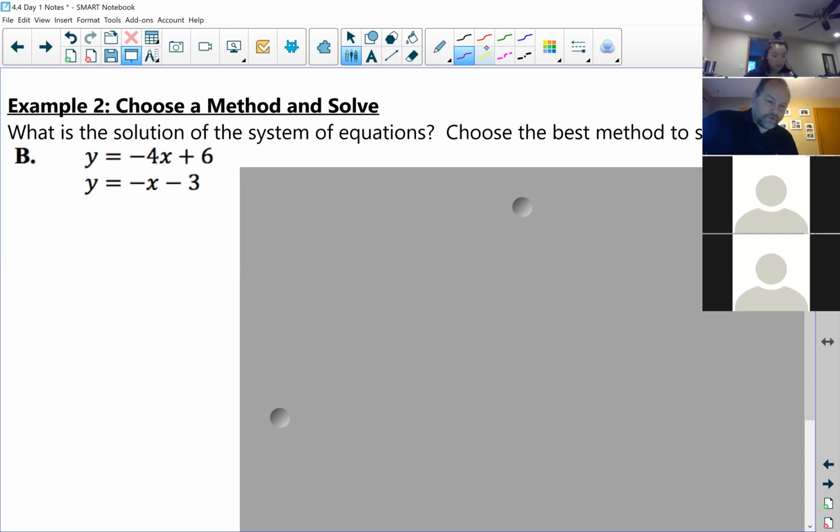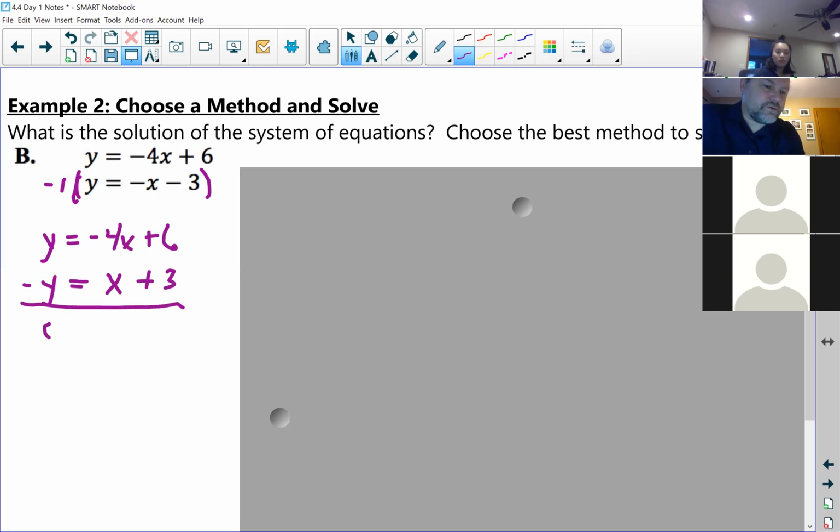I'll also show it with graphing. So in this case, my y's have the exact same coefficient. So if I multiply the bottom equation by -1, I can eliminate the y's. Negative y equals x plus 3.